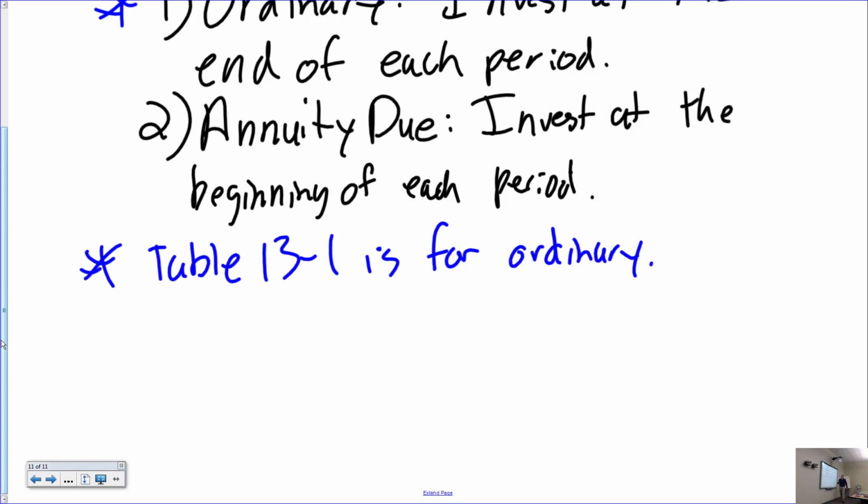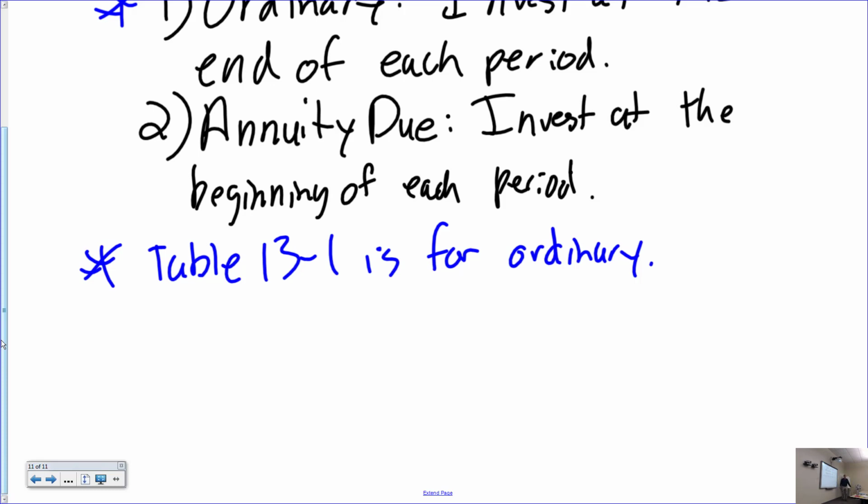What we are going to have to do is learn how to adjust this to deal with annuities due. Okay, there's a slight shift, and you'll see it once we do a couple of examples. You're like, oh, interesting. And once you see it, hopefully we can build up the way that we convert ordinary into annuity due. All right?